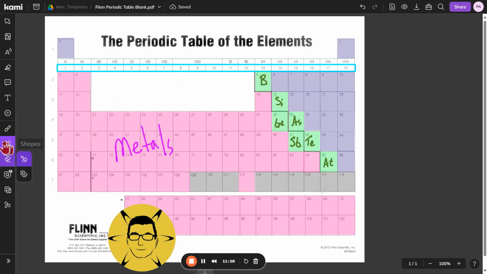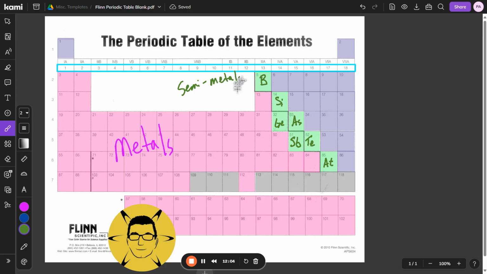That is semimetals. Semimetals in green. And then nonmetals in blue over there. Or label them how you see fit.